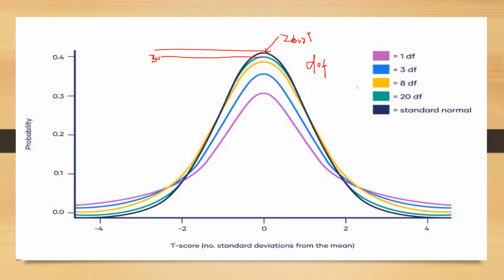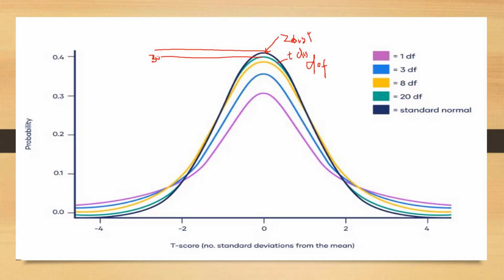The moment your sample size is 30 or less, we have to accommodate for that small size. In our z distribution, nobody talks of degree of freedom. But in our t distribution, because we are dealing with a small sample size, we begin to talk of degree of freedom.